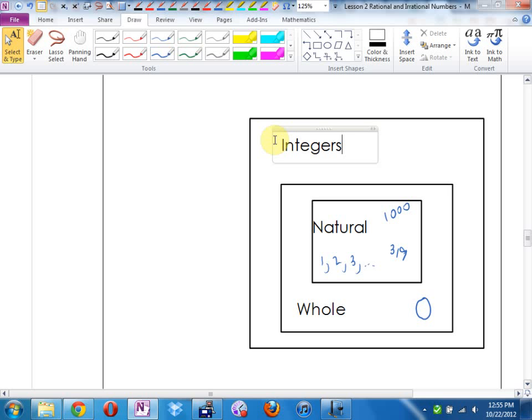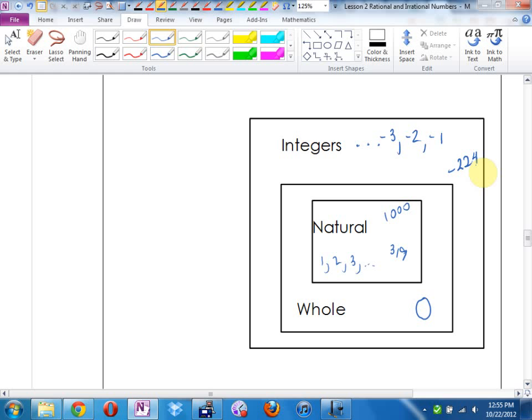What are the integers? All of the wholes, all of the naturals, negatives with no decimals. I've got to be careful because kids always want to say, isn't negative 0.5 an integer? No. No decimals yet. So, -3, -2, -1, and I'll put a dot dot dot in front of the -3 to show that it goes that way forever. -224, -1,000,000, -1 billion, -1 trillion, -1 quadrillion, -1 quintillion.